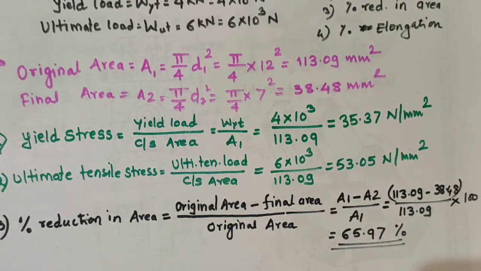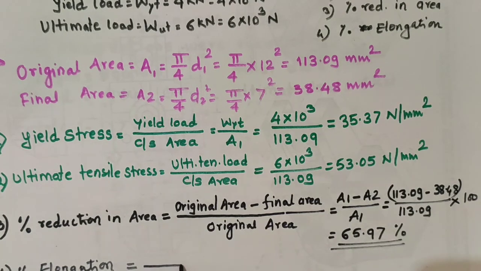Now we have to find out the percentage elongation. Elongation means increase in the length. Similarly, here the final length is more, so the difference between the lengths upon the original length.